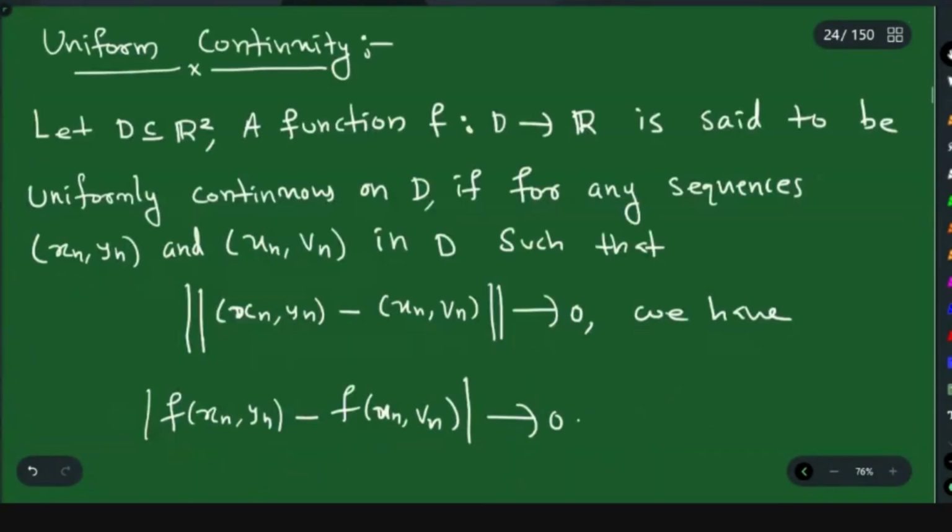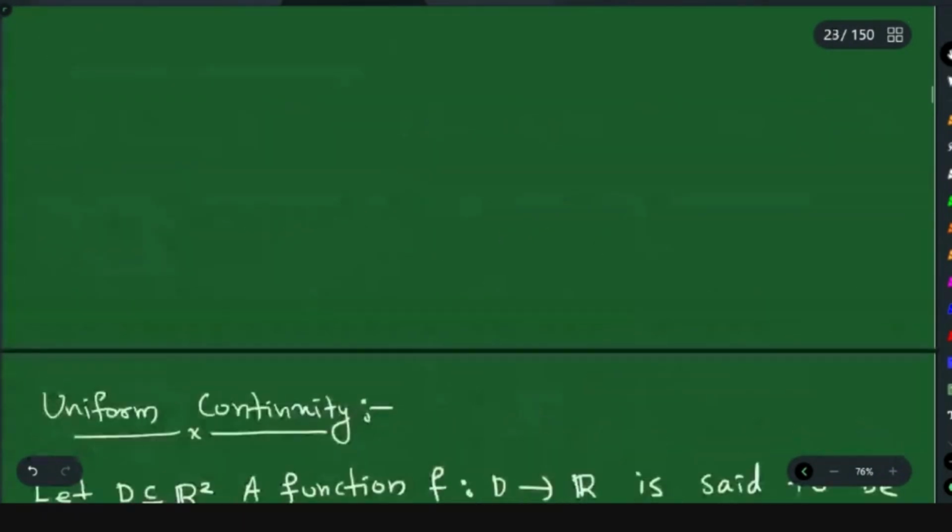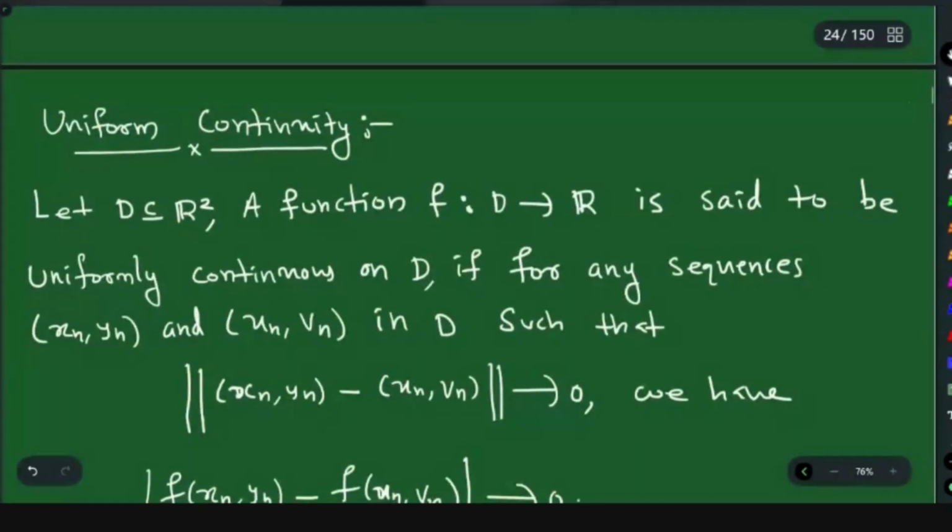So now let us look at the definition of uniform continuity. Uniform continuity you might have learned in the single variable case, function of a real variable. You might have seen the definition using sequences.